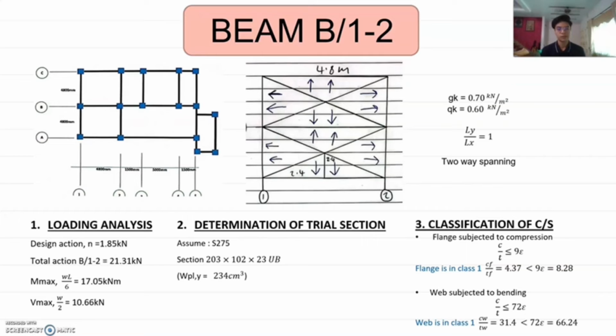So that means the flange is in class 1. Next, web subjected to bending. The formula is C over T less than 72 epsilon. CW over TW equals 31.4, which is less than 72 epsilon, which is 66.24. So that means the web is also in class 1.